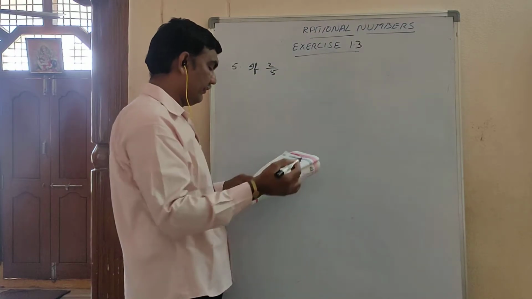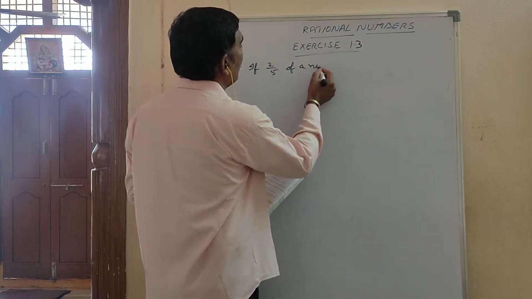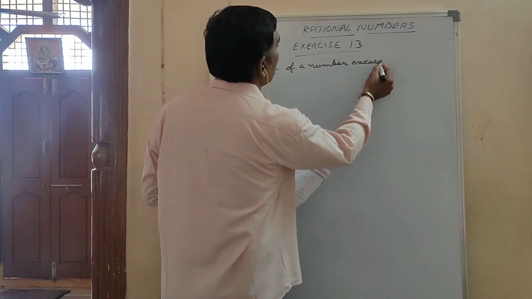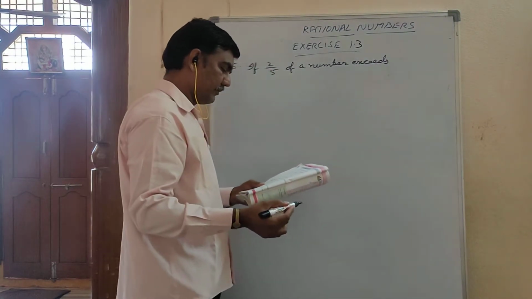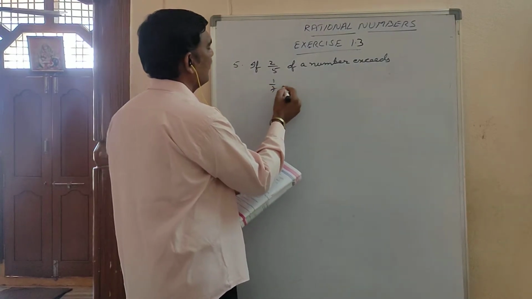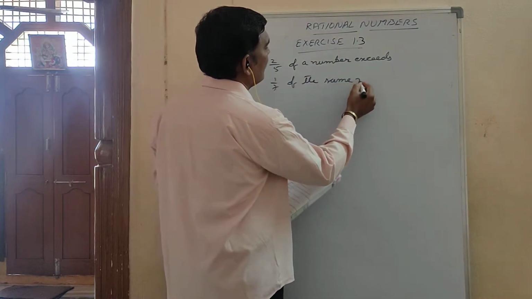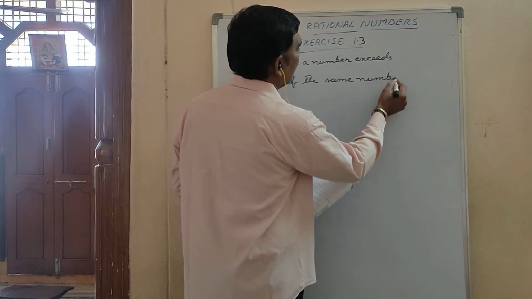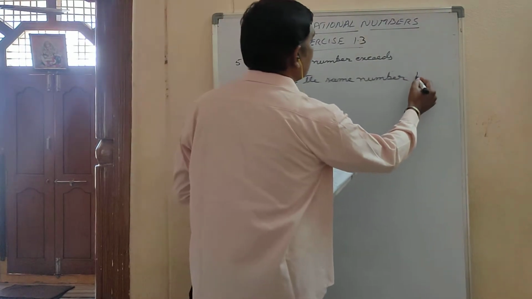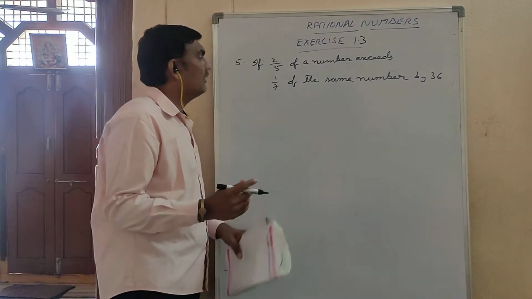If 2 by 5 of a number exceeds 1 by 7 of the same number by 36, find the number.